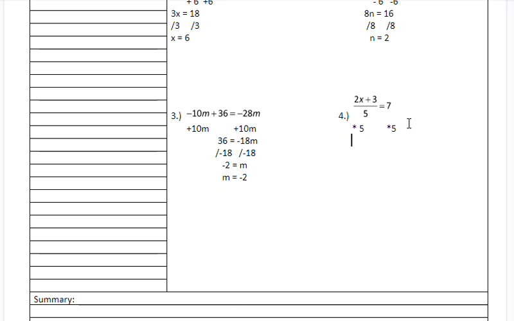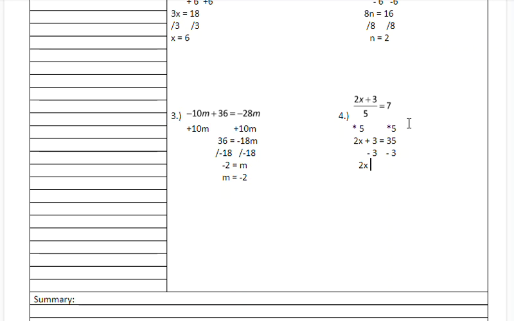Next, that gives me 2x plus 3 equals 7 times 5 is 35. Now I'm down to a 2-step equation. Once I got rid of that 5 hanging out in the bottom, this should look familiar now. So minus 3, minus 3. So this was my second step.